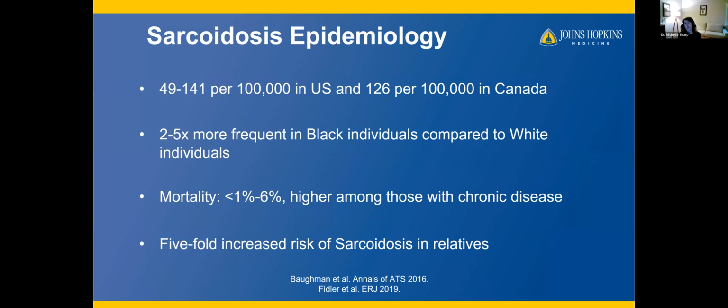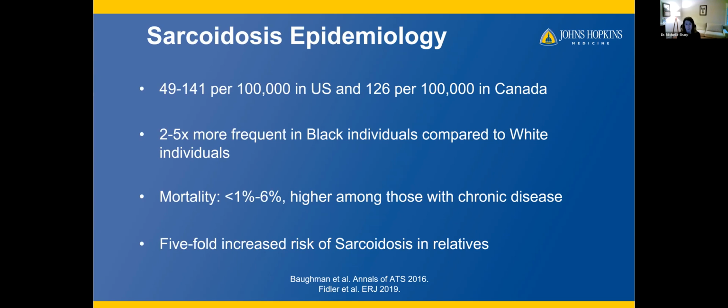So it is a rare disease, but I would argue it's not as rare as we probably think it is. It is 2 to 5 times more frequent in Black individuals compared to white individuals. Its mortality ranges from less than 1% to approximately 6%, with higher mortality among those individuals with chronic disease.